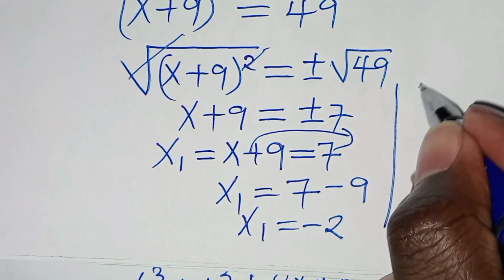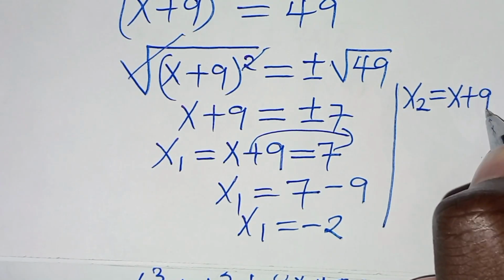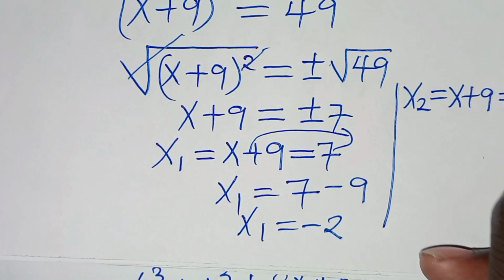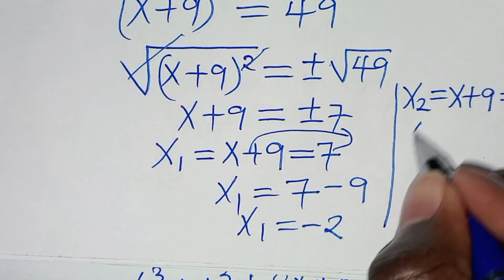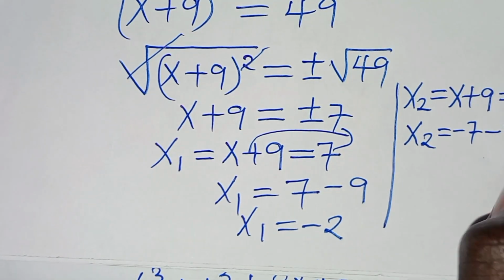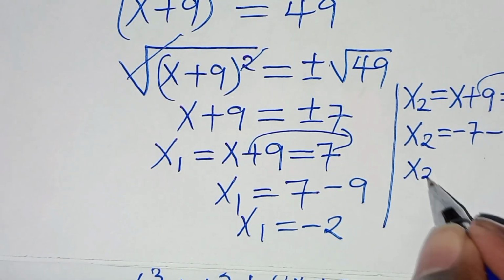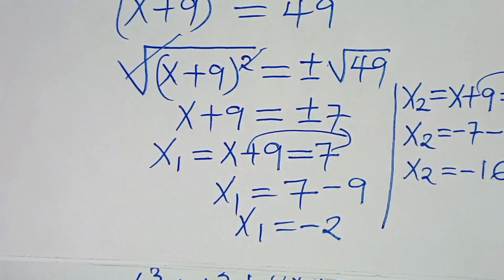Let's solve for x2. x2 will be equal to x plus 9. This is equal to minus 7. So this implies that x2 is equal to minus 7 minus 9. We take plus 9 on the right hand side so that x2 is equal to minus 16.